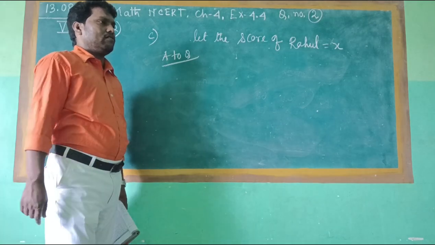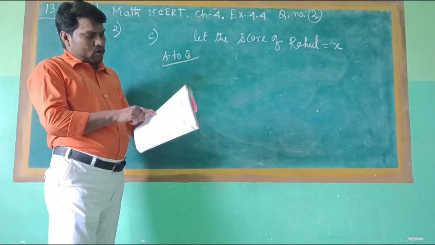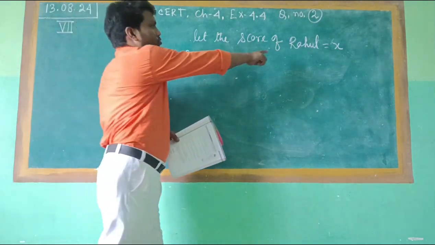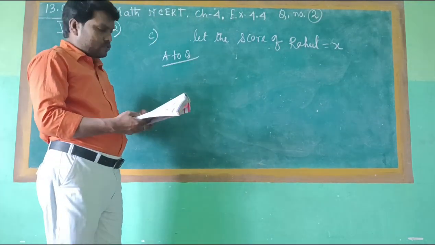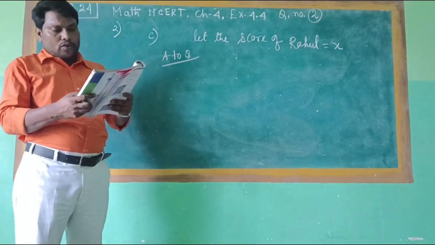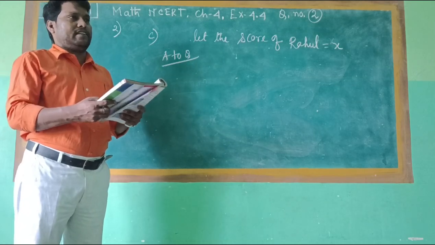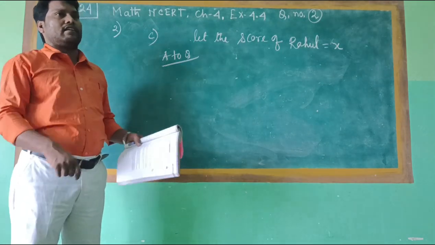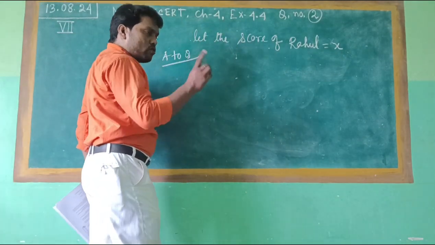Have you done or not done? Not done. Sachin scored twice as many as Rahul. So Rahul scored x, so Sachin scored 2x. And together their runs fell 2 short of a double century. They are both runs. Rahul scored x, Sachin 2x.